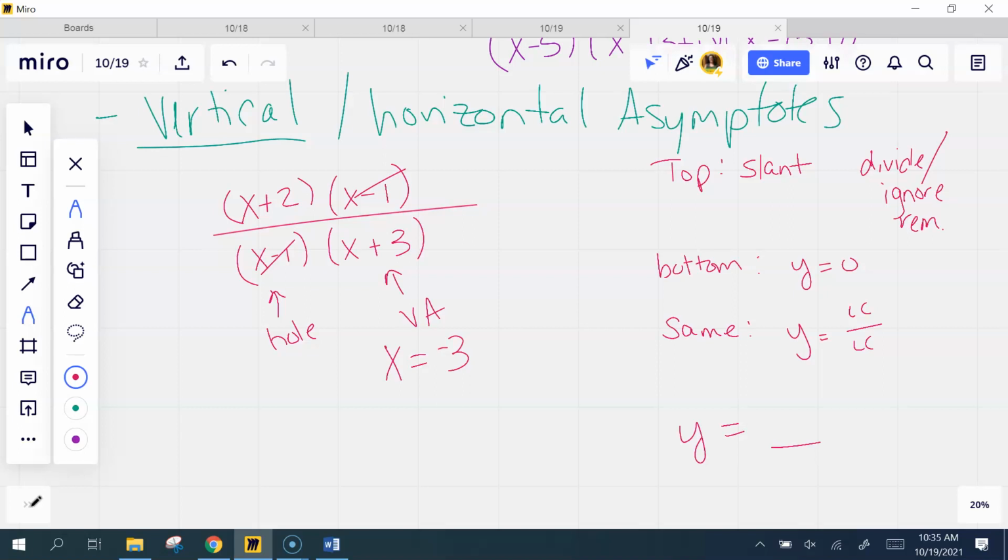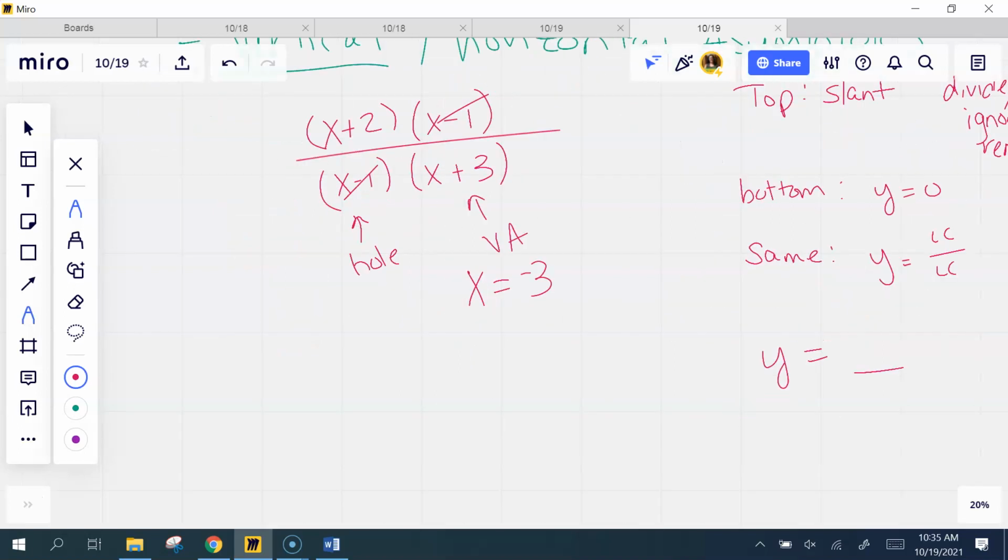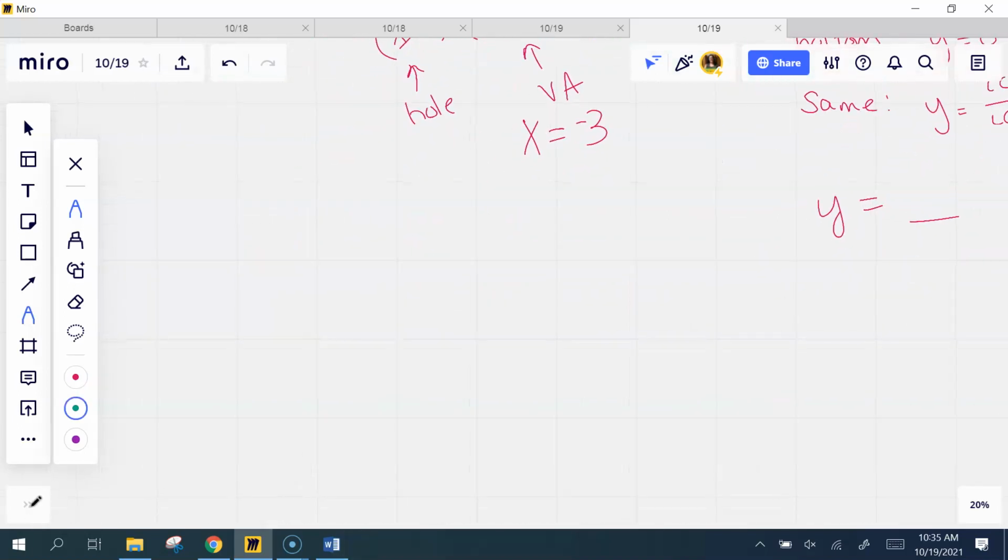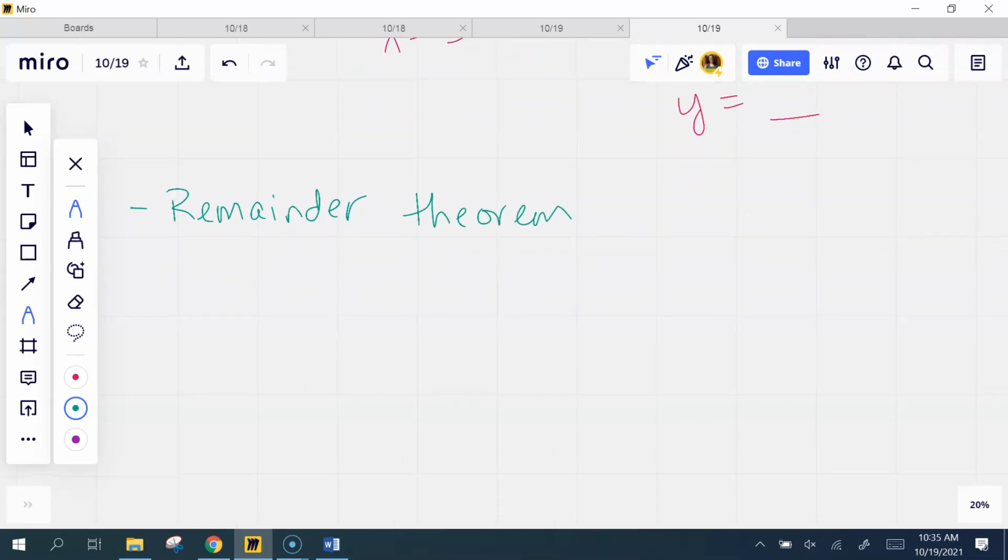How do you use the remainder theorem? What is the remainder theorem? What's it say? How could you determine the remainder using the remainder theorem?